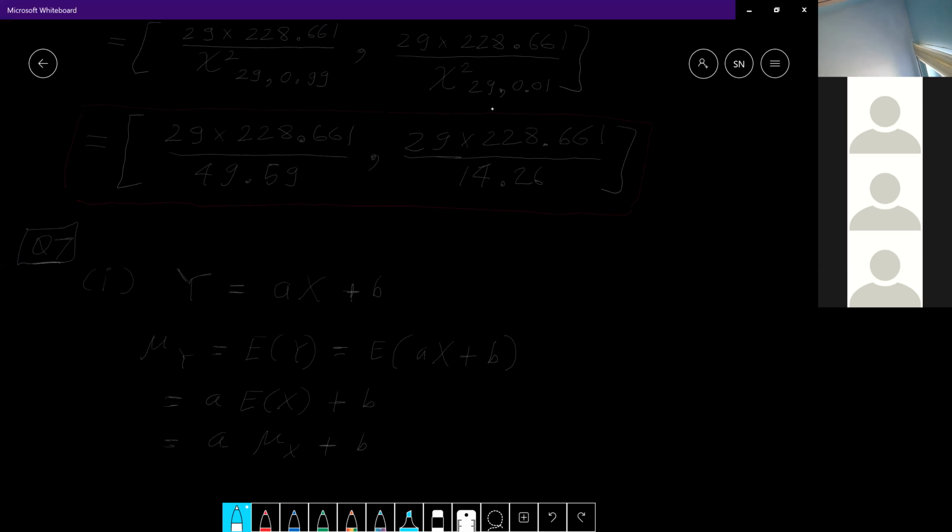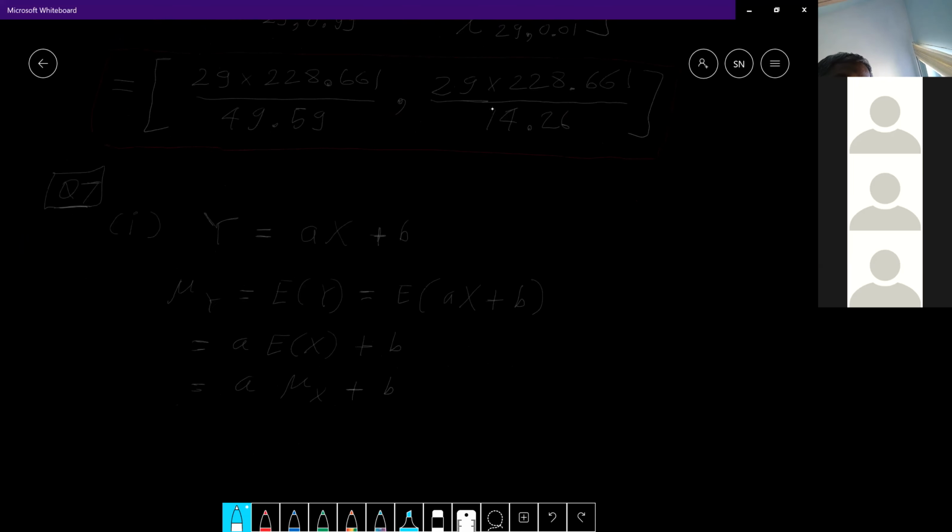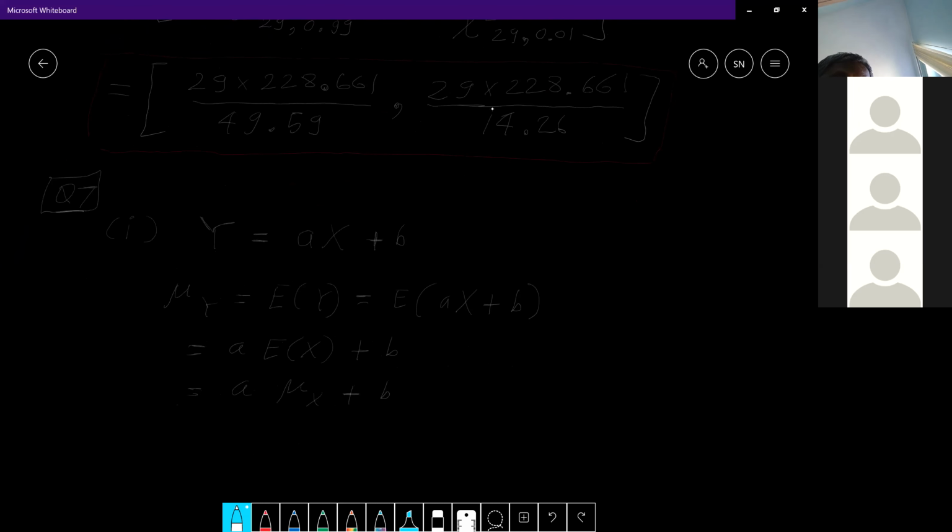Now the second assertion is about variance. All right, sigma y squared denotes the variance of y, which is equal to the variance of ax plus b.